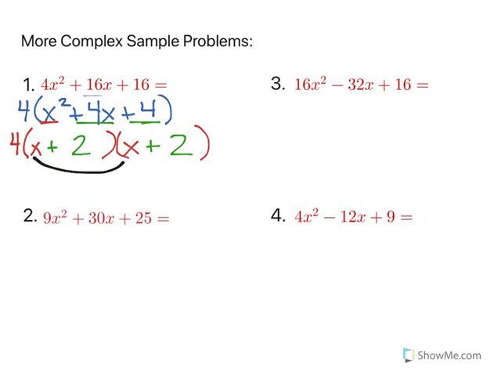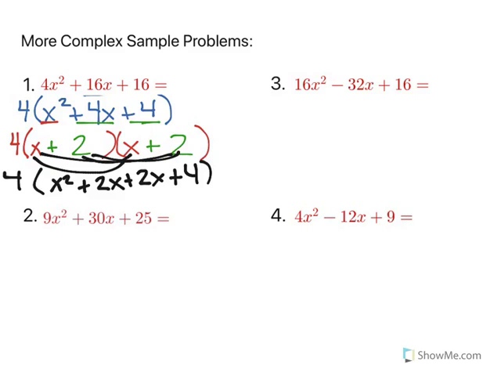So our first, x squared, our outer is 2x, our inner is 2x, and our last is plus 4. We want to make sure that we bring the 4 down from earlier. Nothing has happened to that at this point.